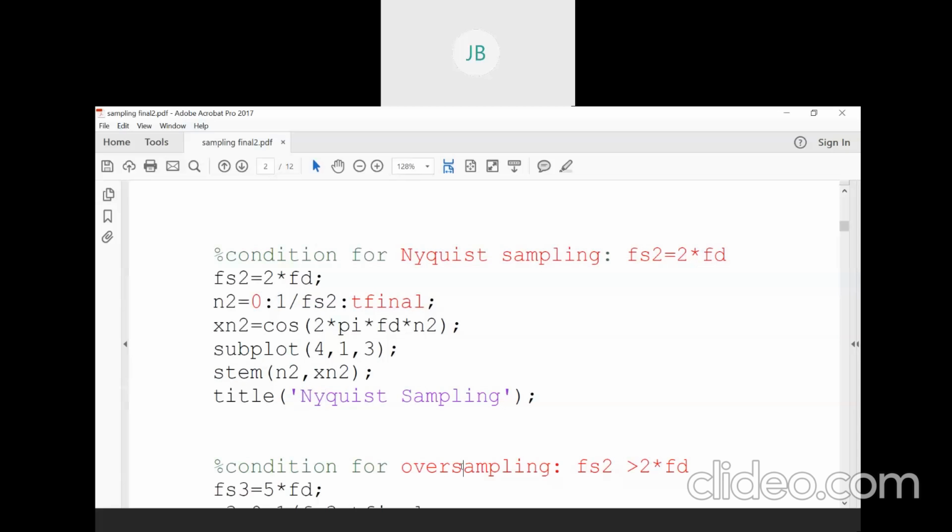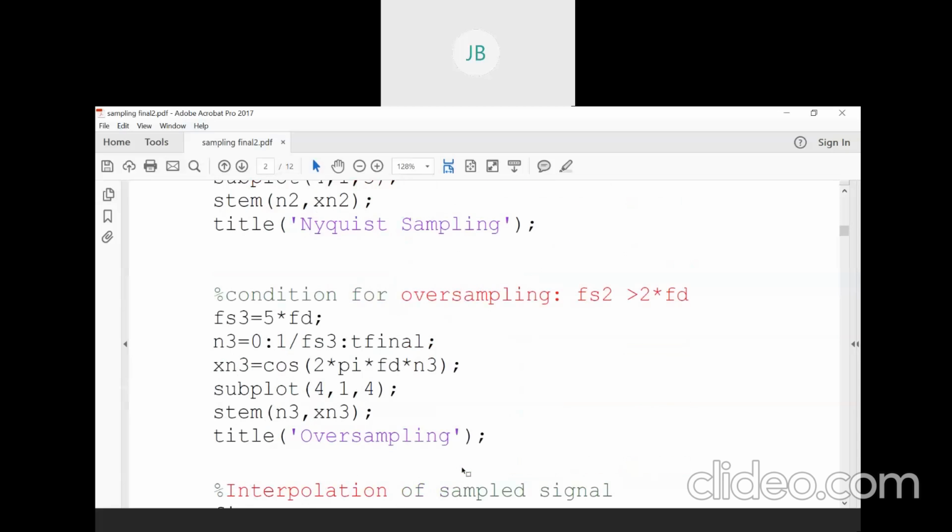And then we will see the third case, that is oversampling. In case of oversampling, we consider the sampling frequency fs3. It is greater than 2 times fd. So here fs3 is equal to 5 times fd. Any value greater than 2 works, so here we consider it as 5 times fd. And we will define the time variation and the corresponding amplitude variation, because we want to plot this, right?